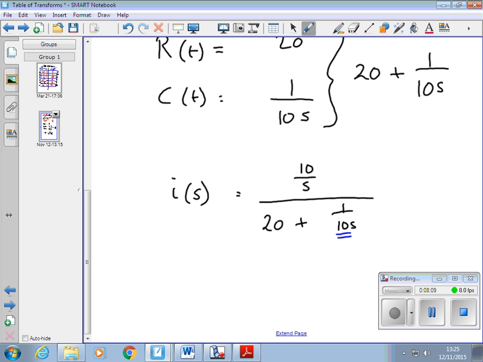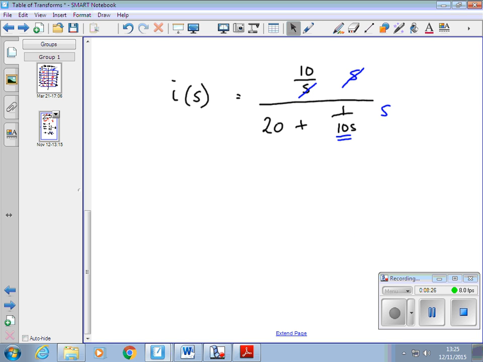So I could multiply top and bottom by S. If I multiply top and bottom by S, I can cancel out those S's and so on. So it's little tricks like that that we do to try and simplify it. That is just going to come with practice. You're going to need to practice doing that sort of thing. So we might decide to multiply top and bottom by S.